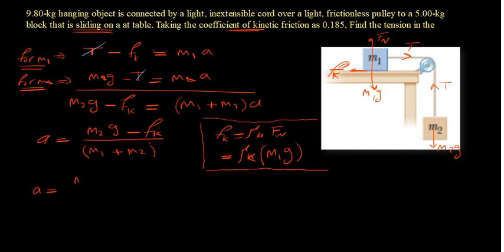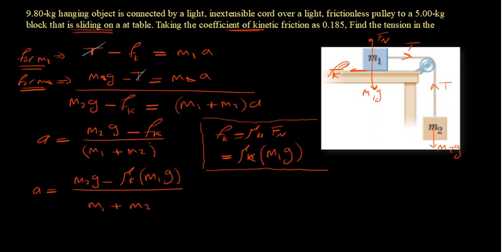The acceleration will be m2g minus mu k, the kinetic coefficient, times m1 times g. Then I'll divide all of that by m1 plus m2.